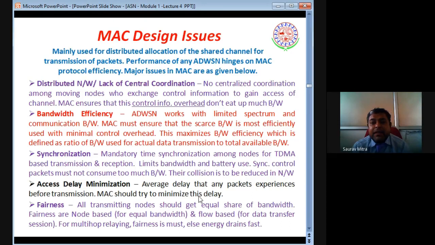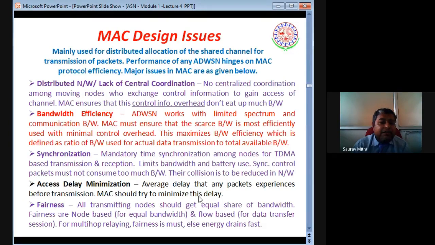What is meant by fair transmission? As soon as the data is sensed, as soon as the sensor node wants to send the data, the channel should be allocated to it, so that the sensed data is transmitted to the destination as soon as possible. It should not happen that one sensor node is only piling up data, but is not able to send the data to the destination and the data is delayed.